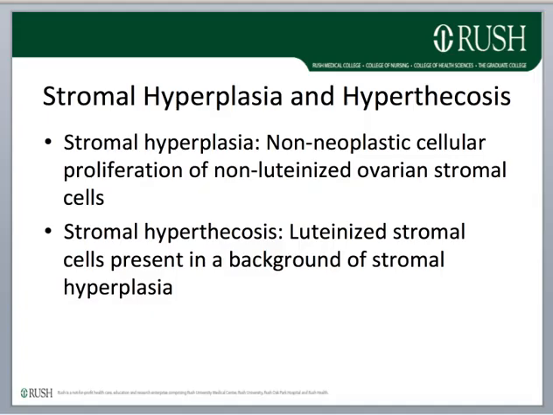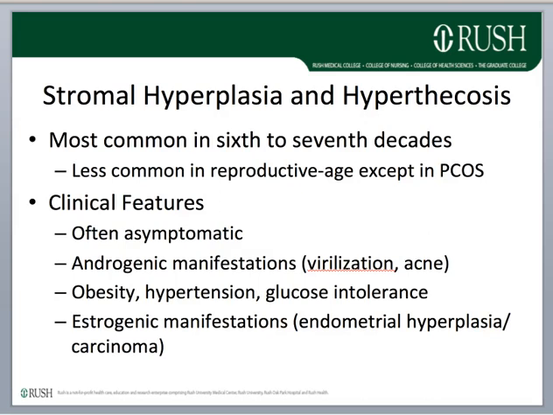Stromal hyperplasia is characterized by a non-neoplastic proliferation of ovarian stromal cells, whereas stromal hyperthecosis is characterized by stromal cell luteinization in a background of stromal hyperplasia. Stromal hyperplasia and hyperthecosis are most common in the 6th to 7th decades, occurring in more than 1/3 of women in this age group.